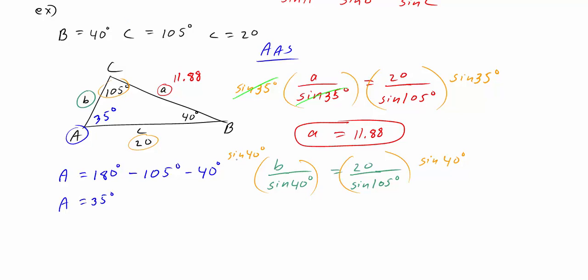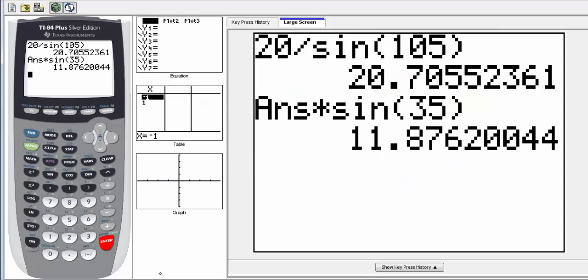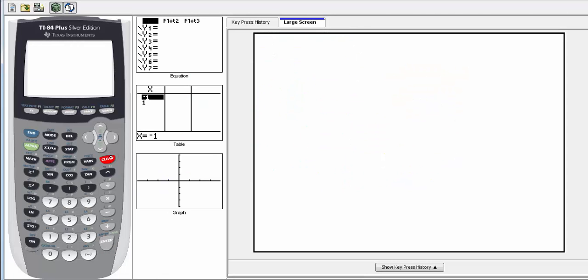And by doing so, the sine of 40 on the left is going to cancel out. So we have b is equal to 20 over the sine of 105 multiplied by the sine of 40 degrees. So once again, if we go to the calculator, we would take 20 divided by the sine of 105.